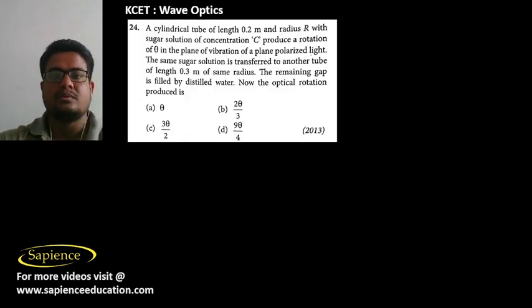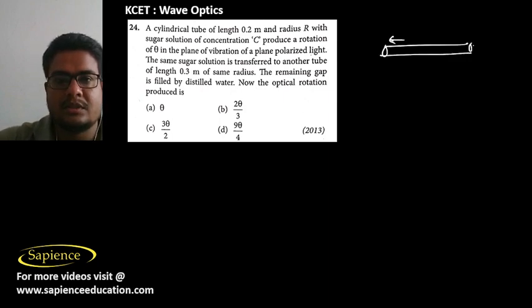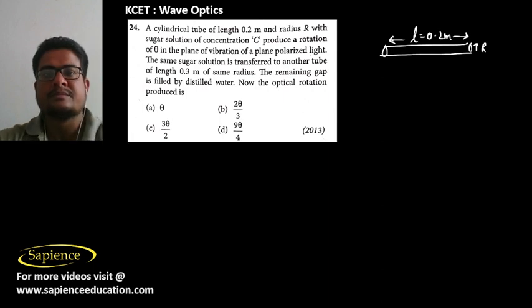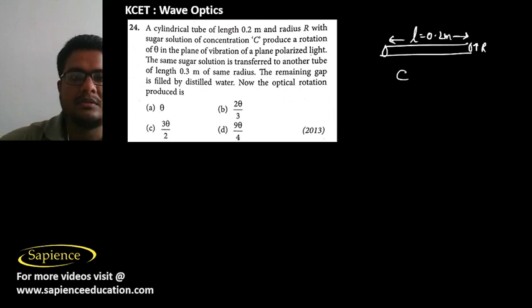A cylindrical tube of length 0.2 meter and radius R, with sugar solution of concentration C, produces a rotation of theta in the plane of vibration of plane polarized light.